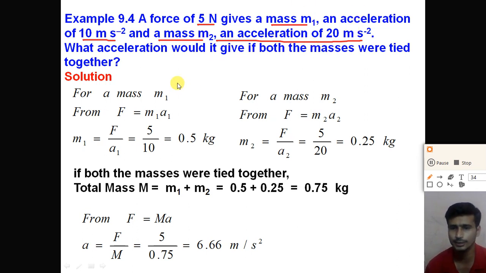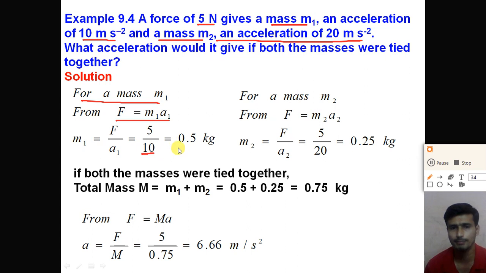So here, dear student, for the mass m1, force F is equal to m1 into a1, right? So m1 is equal to F divided by a1. In the first case, the force is 5 Newton and the acceleration produced on the first object is 10 meter per second square.